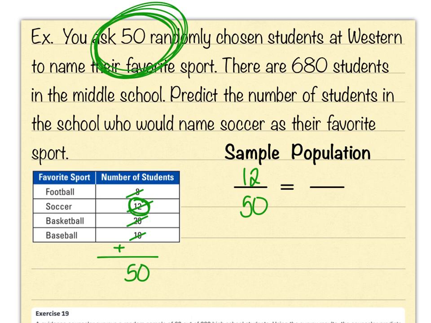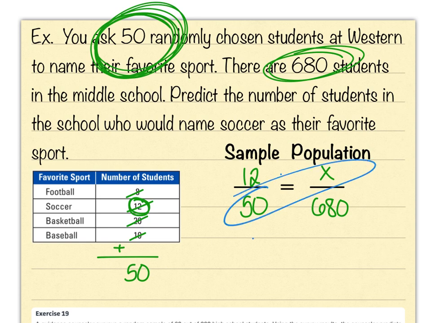So if 12 out of 50 people said they like soccer, then how many out of 680 students in our middle school would say they like soccer? And so we're going to cross multiply. 50 times x, of course, is 50x. And 12 times 680 is 8,160.